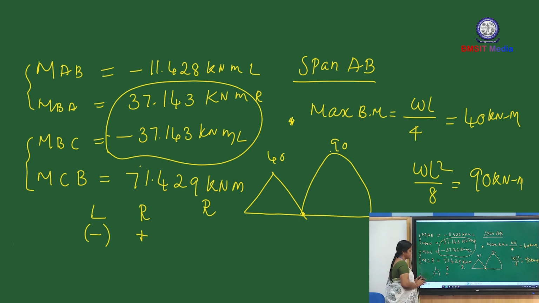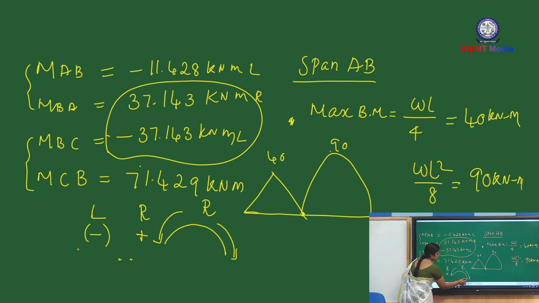If we get left side anti-clockwise and right side clockwise, we have to draw above the baseline, because this is the hogging bending moment. It produces negative bending moment, so this type of moment we draw above the baseline.